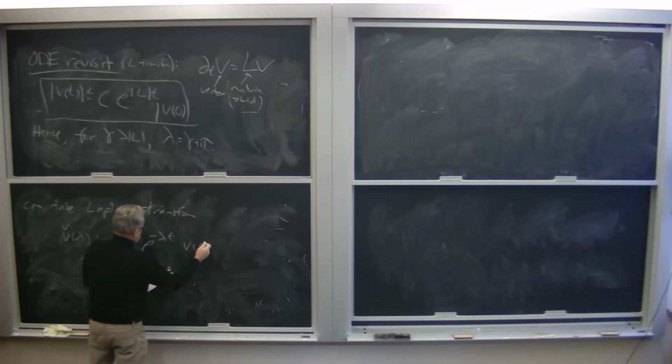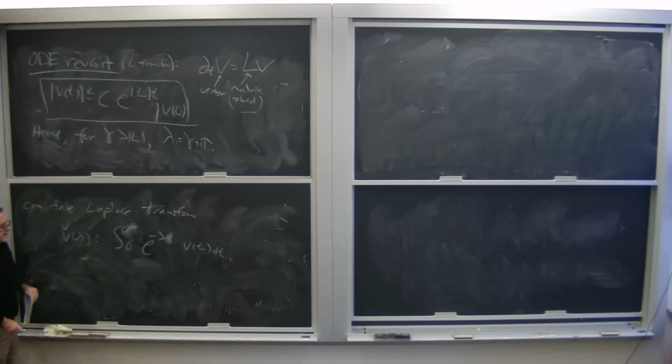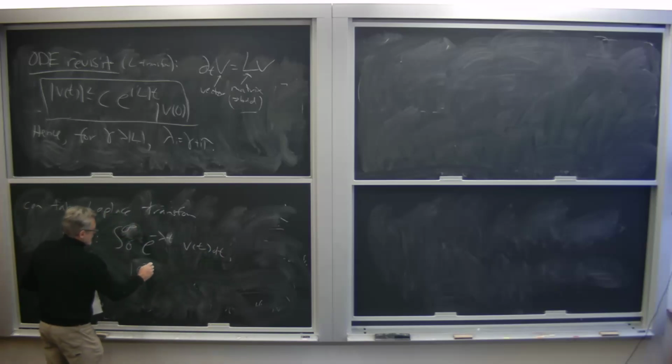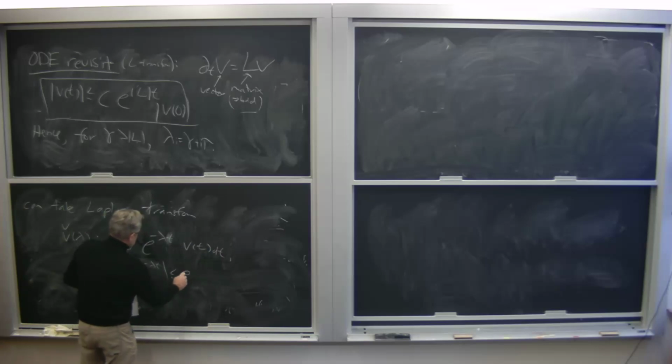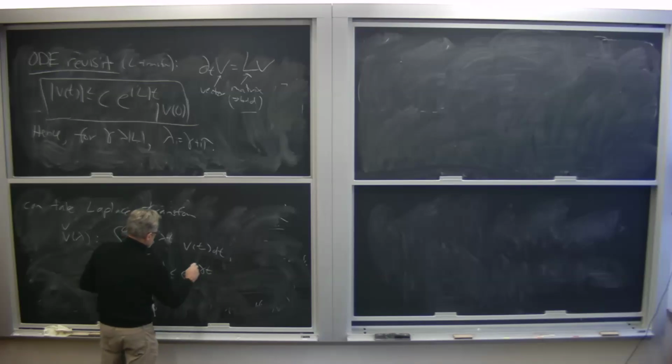v of t. Right. So this is well defined because the norm of e to the minus lambda t is less than or equal to e to the negative gamma t, and then we put the v in there: e to the minus gamma t, v of t.